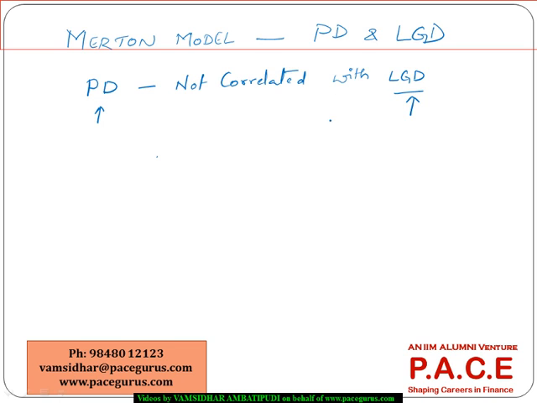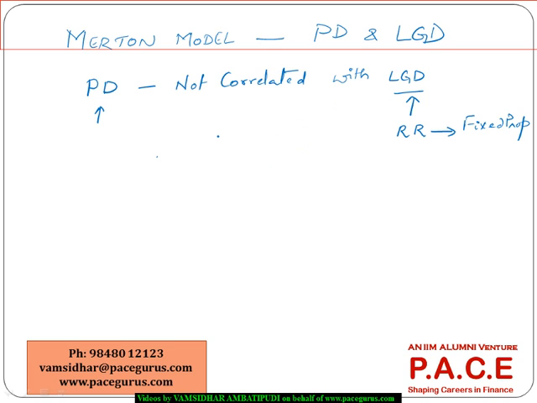So that is where I am making a plain basic assumption that the probability of default in general is not correlated with the loss given default, and that the recovery rate at any point in time is a fixed proportion of the loan value in case the default occurs. So that is one major assumption that has been made.